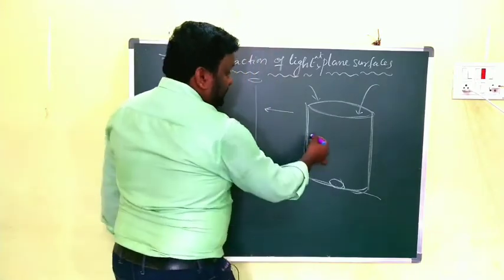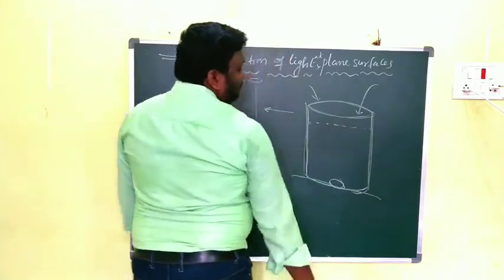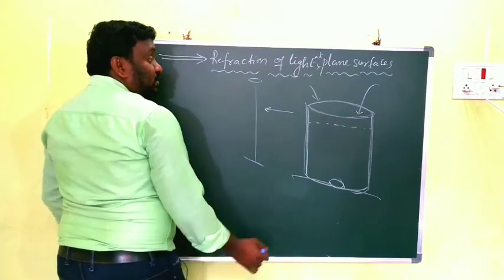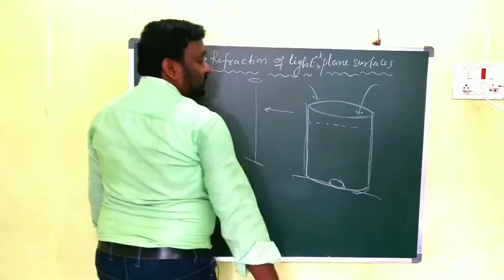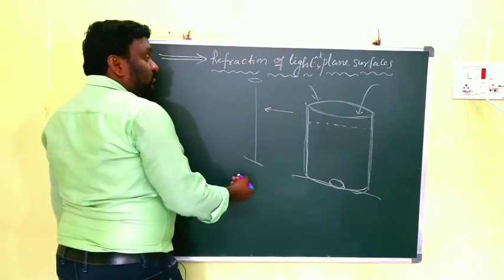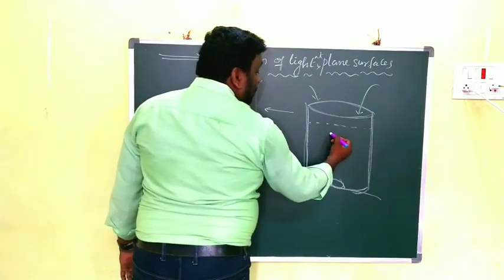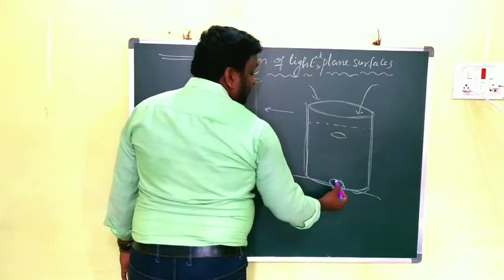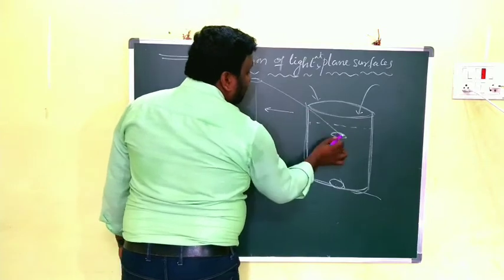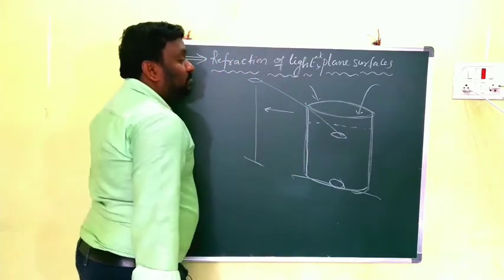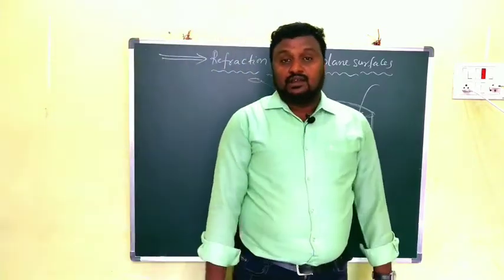Clear? Then you can observe whether you are able to see the coin or not. Yes, we are able to see the coin. You may get the same coin image at this location, and you are able to see the coin from the top view also. Clear?